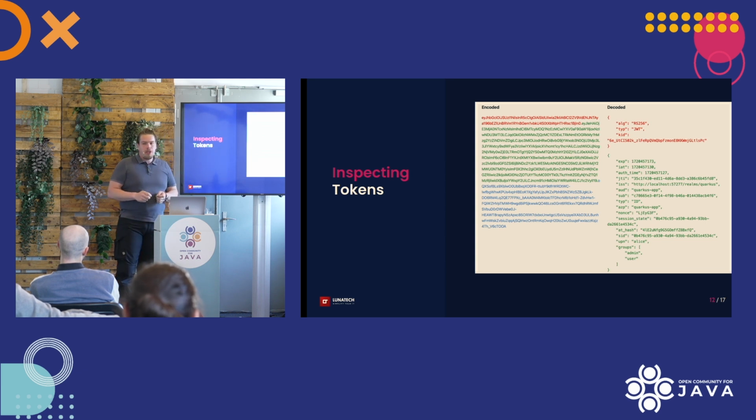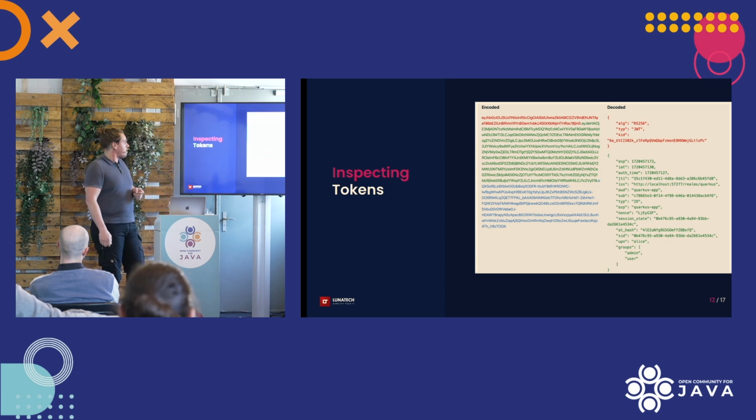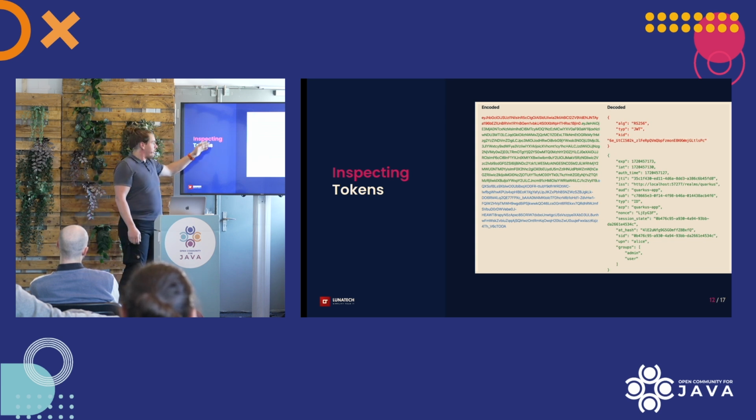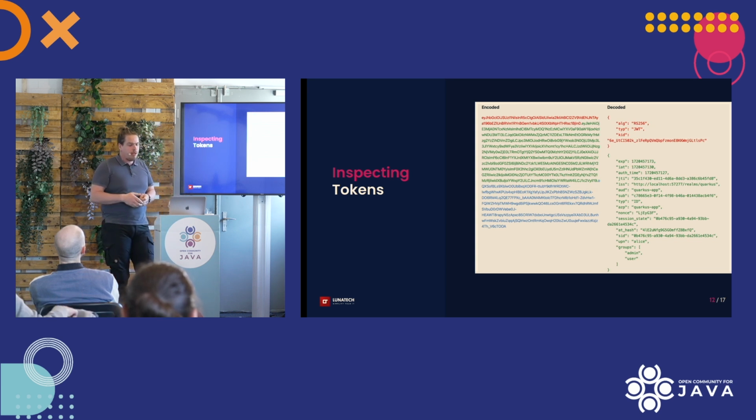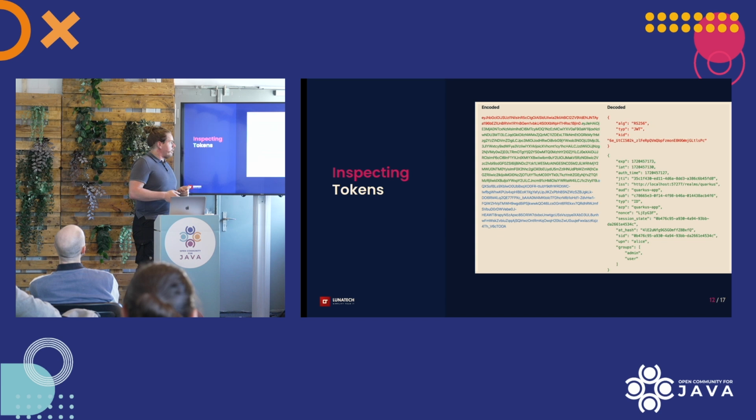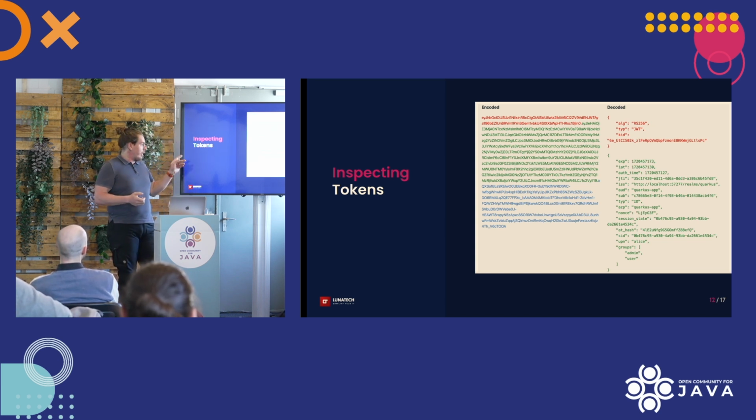So those JWTs, they have 3 elements. If we go and inspect the token, it still looks like gibberish, but it's base64 JSON, so we can decode that. The red bit is basically the metadata, the header, so it tells you which algorithm was used to sign this token, what type it is, well, it's a JWT, and the key ID, so which key was used to sign this token.